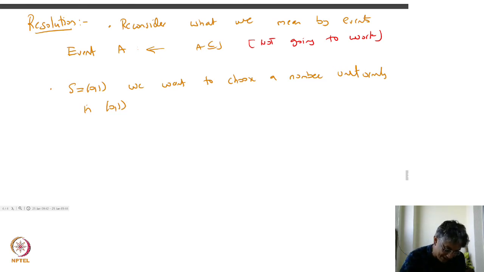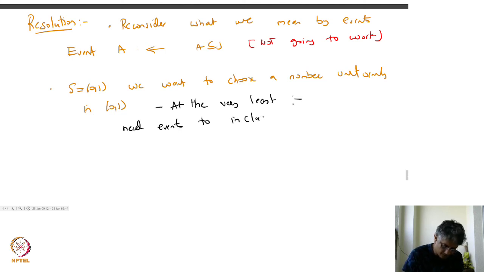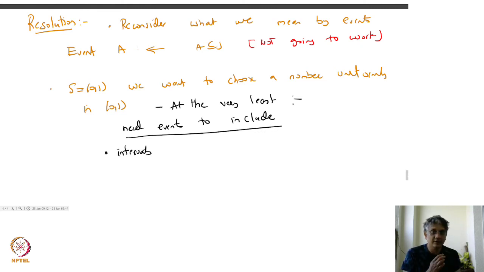So at the very least, what events do we need? We need events to include intervals. A singleton point is also an interval. So I mean any interval.